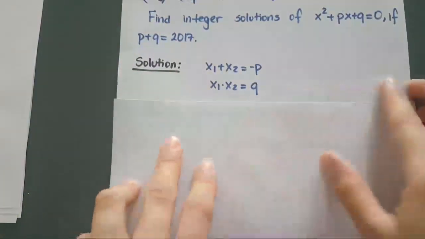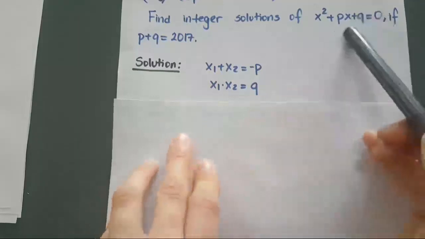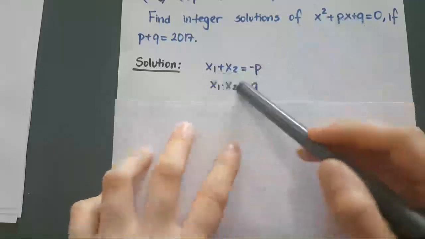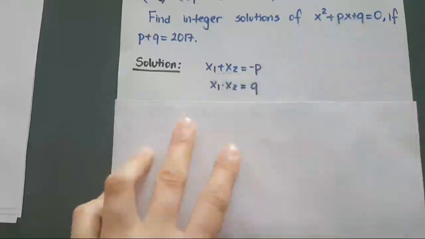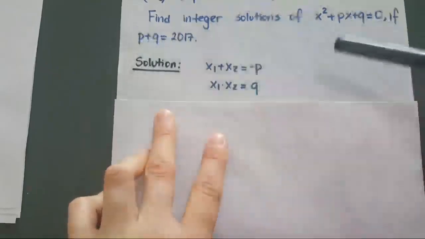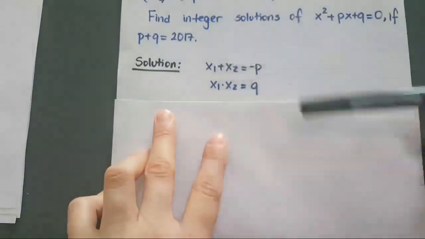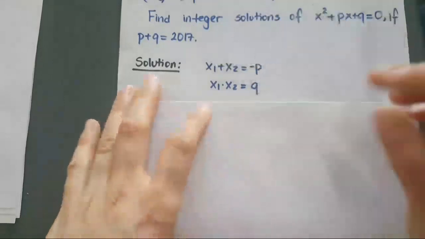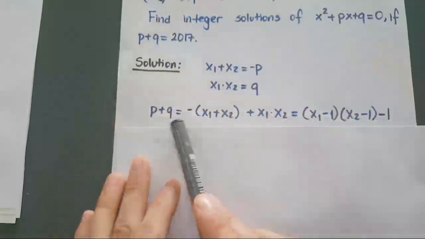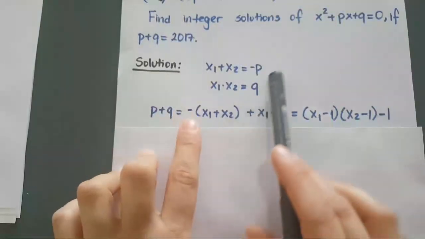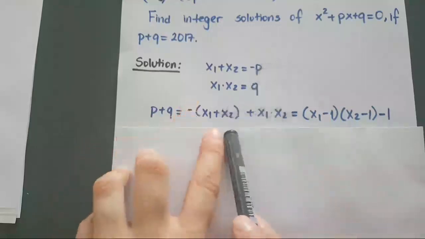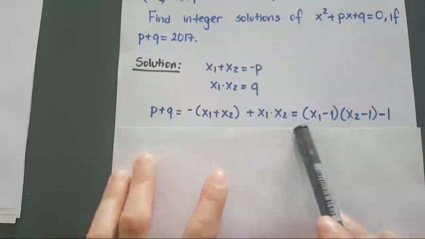The sum of the roots of the equation is minus b over a, which is minus p, and the product of the roots is q. How to write p plus q then in terms of x1 and x2? In terms of the roots of the equation, p plus q is minus, because here we have minus p, negative x1 plus x2, and x1 times x2.